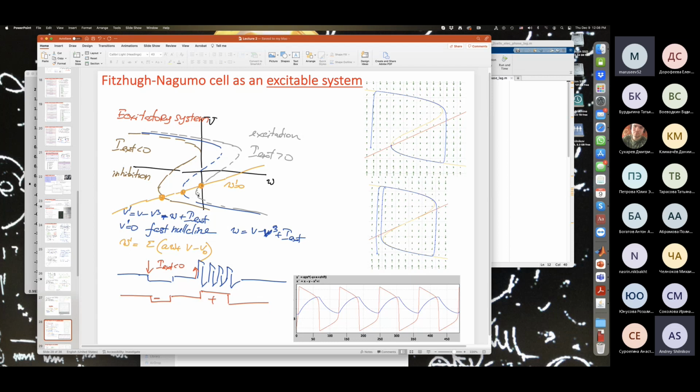If you shift it to the right and move this equilibrium state above the knee point, you make it unstable. We're going to talk about how, and I already gave you a hint. It's going to be through an Andronov bifurcation, and then you have oscillations in the system, regardless of where the intersection point is, whether it's in the middle or not.